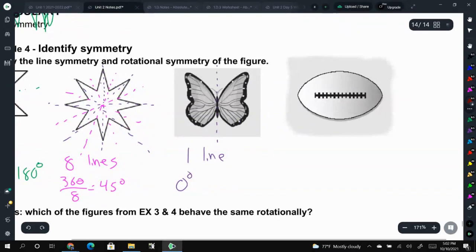This football, we're going to pretend that the laces are non-existent. There's 1 line, and there's 2 lines. So that means there's 2 lines, or 360 over 2, which is 180 degrees.